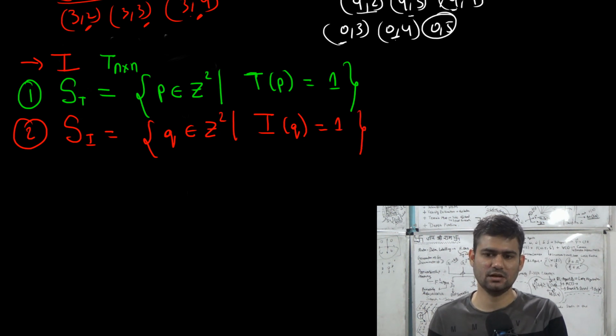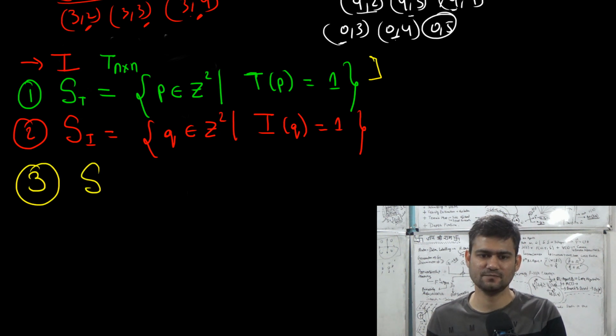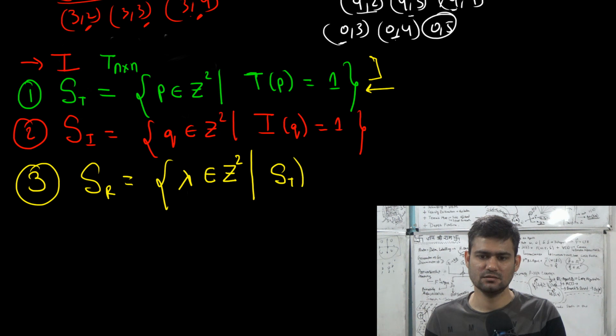Third, define the result of erosion of an image with this structuring element, which is going to give us a set SR, which is a set of all coordinates lambda in Z square, such that set ST translated by lambda is a subset of our set SI.